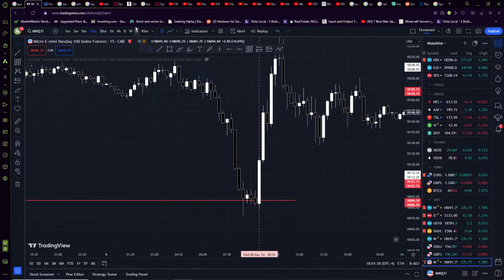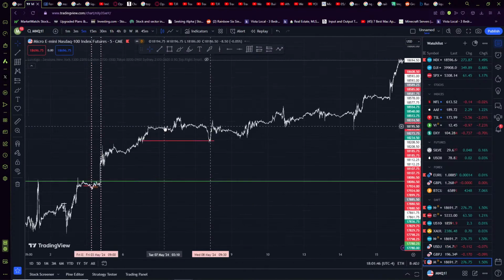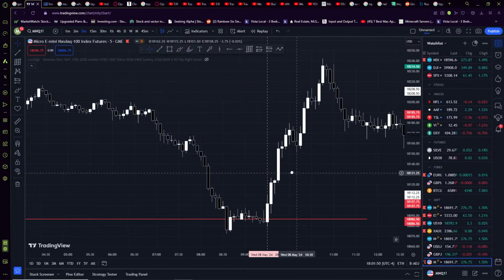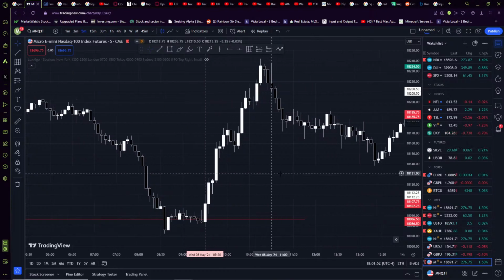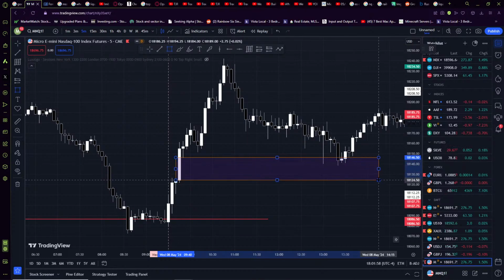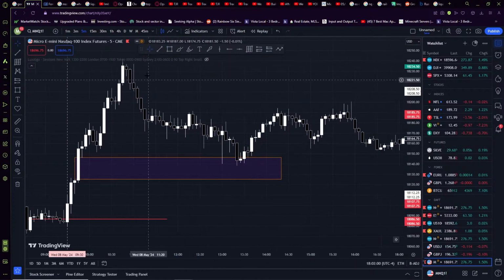Boom, bullish reaction. Alright. Scale down. Mark confluences. Price taps into it.